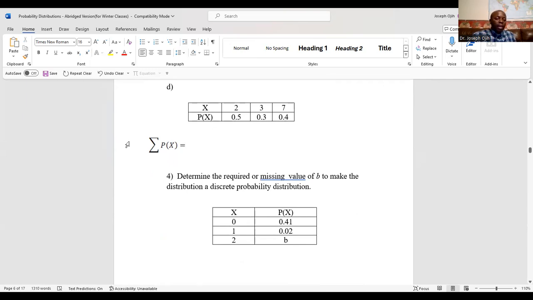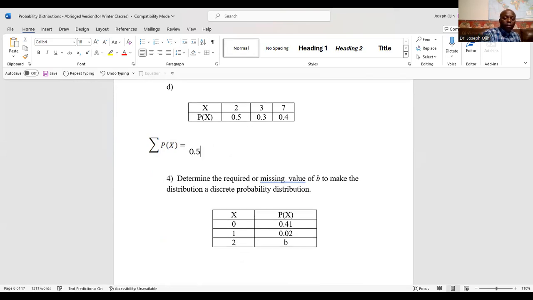To answer that, we add this. Since it doesn't have any negative numbers, we just add what we have. So we have 0.5 plus 0.3 plus 0.4.